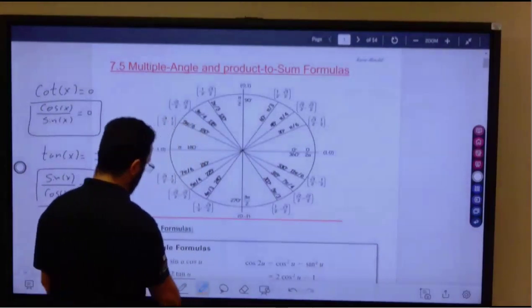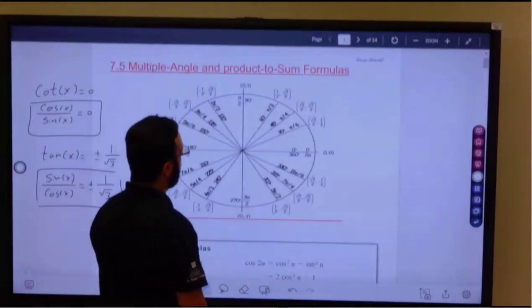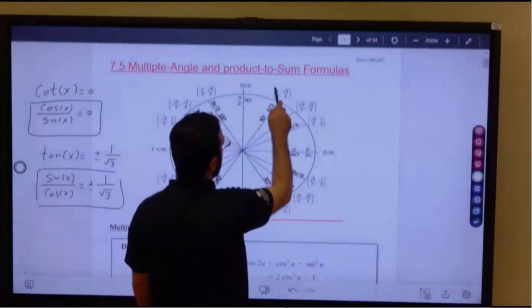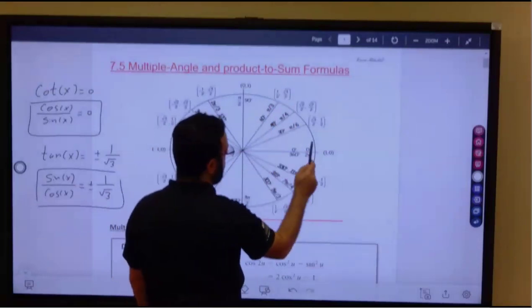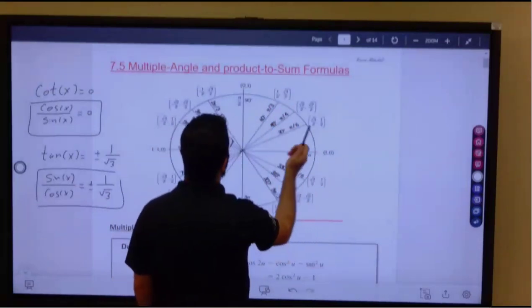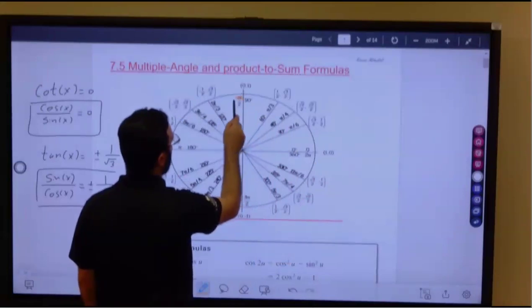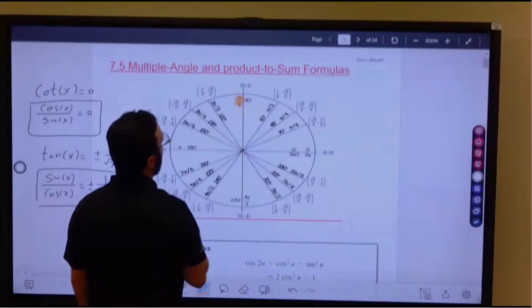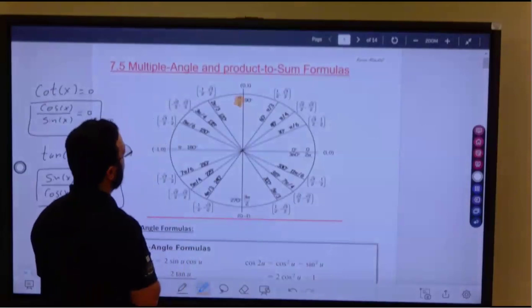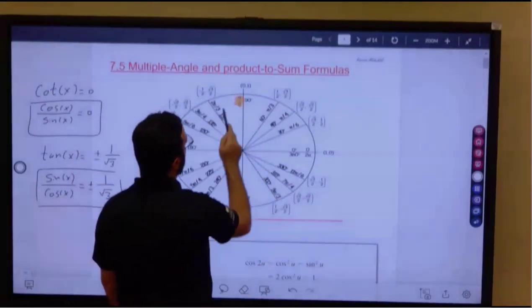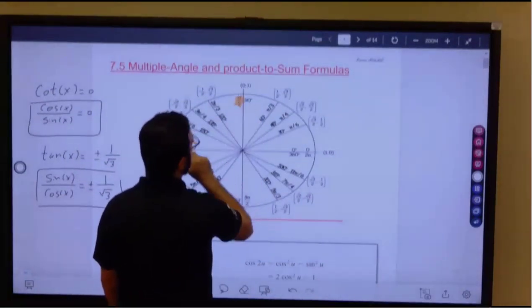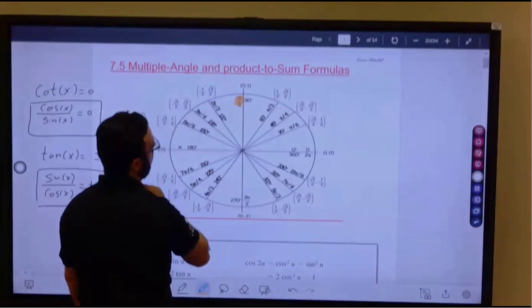And let's check the angles. Cosine divided by sine. Always, this is the cosine, this is the sine. So 1 divided by 0 is undefined. So here is the first angle, because if I divide 0 by 1, cosine divided by sine is going to be 0.